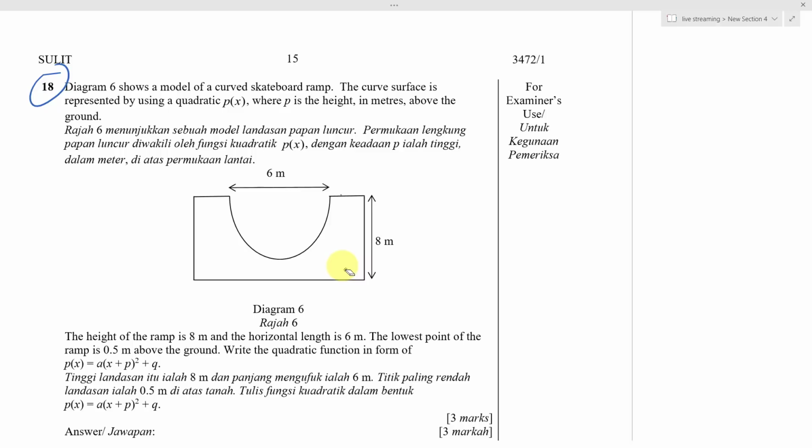But you need to get the equation correct, meaning the equation must be like the u, and one of the sizes of the u must be 6. This is quite important, because if you check the marking scheme, they can put the y-axis at the middle, over here, or over here. Therefore, they give you 3 different equations.